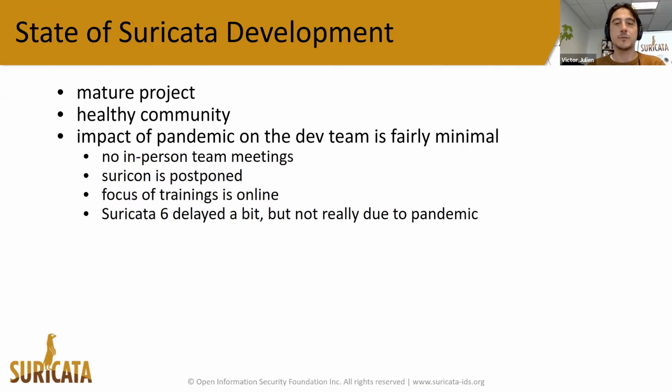And trainings have moved online. We hope to be able to do in-person trainings again as soon as possible, but when that is possible remains to be seen. Suricata 6 development, so 6 is almost out, is I think minimally impacted by the pandemic. So overall, the delays are just all my fault.